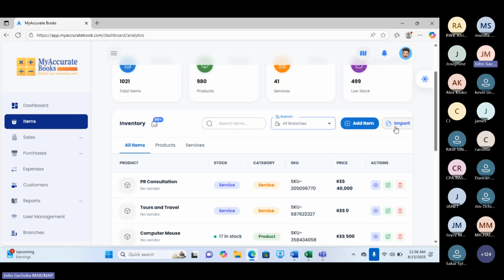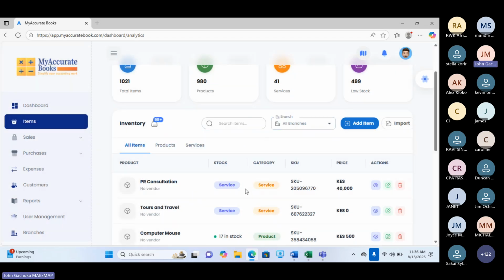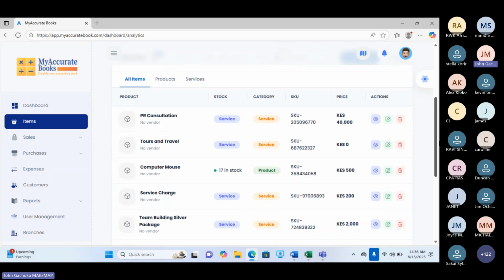In the event that you want to upload a service that you offer, or you want to upload products that you offer, you can either download the system template, saturate it with the relevant information, then upload or import it into the system. That way, all your information will be updated, as you can see under this list.